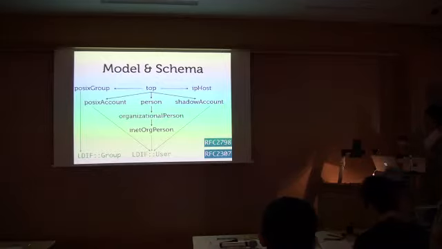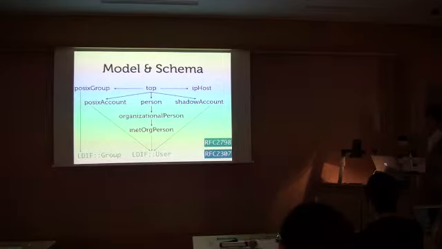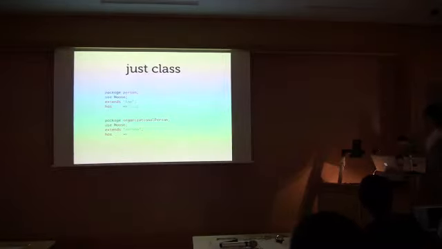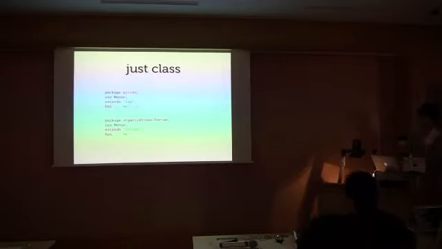These kinds of object classes are defined in these two schema files, to describe what attributes they have. Because the hierarchy tree is very similar to the object class hierarchy in a programming language, it's quite easy to describe such object classes in a programming language using class hierarchy.